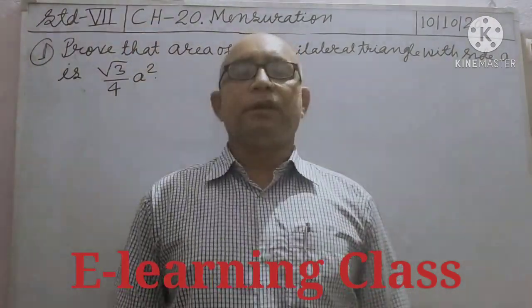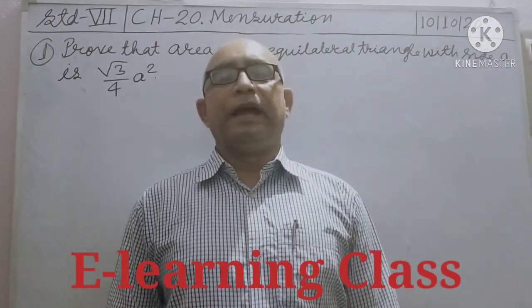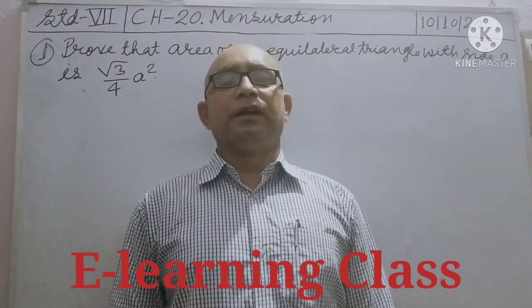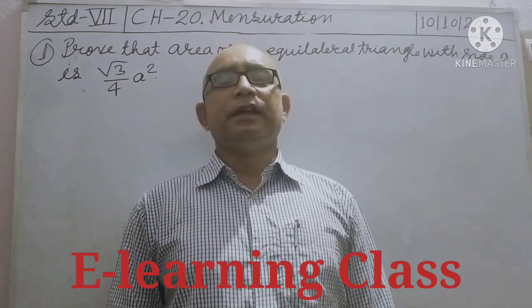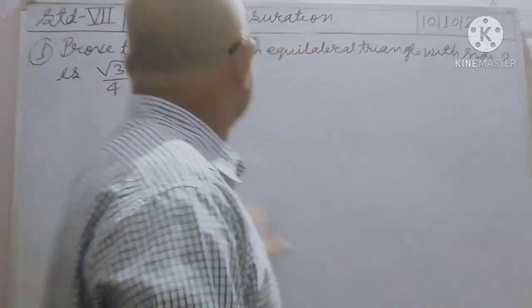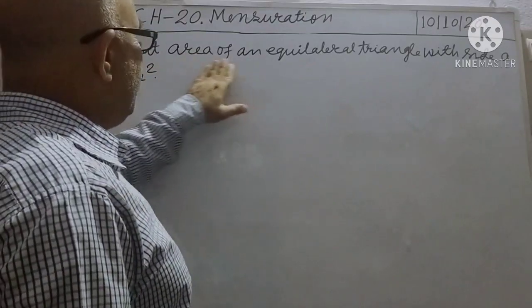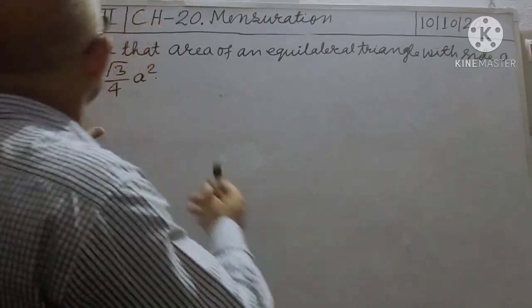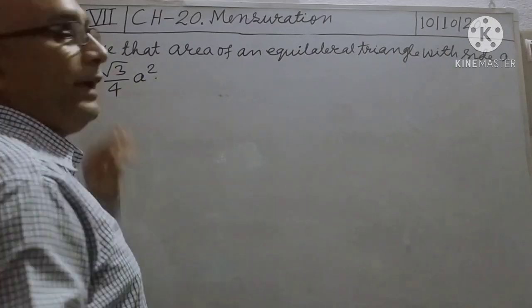Students, now prove that the area of an equilateral triangle with side a is root 3 by 4 a square.